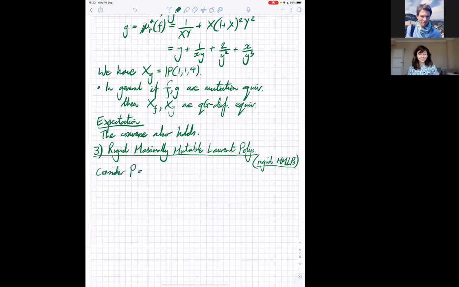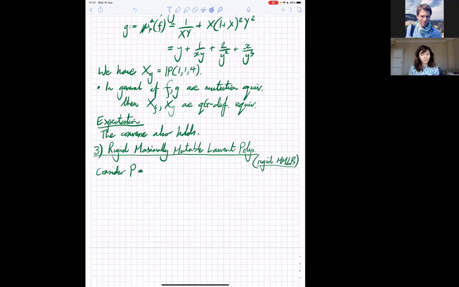Okay, so let me call this an example. I'm going to draw a nice little polytope in 3 dimensions.